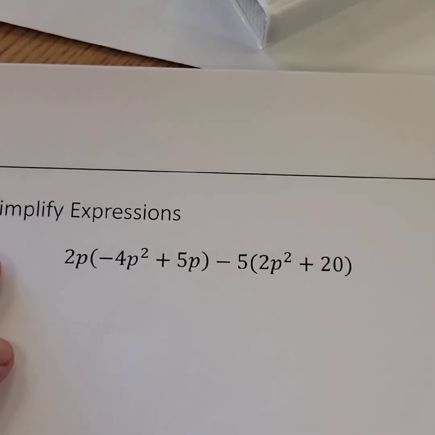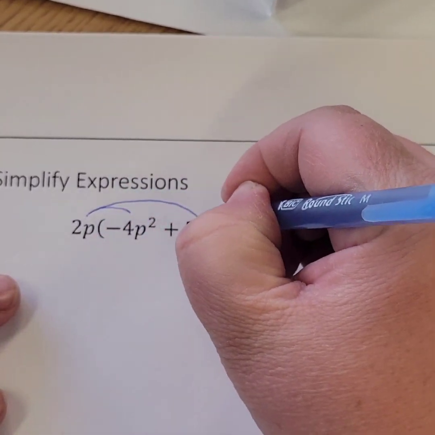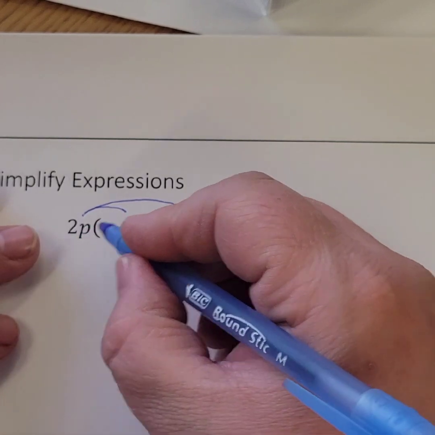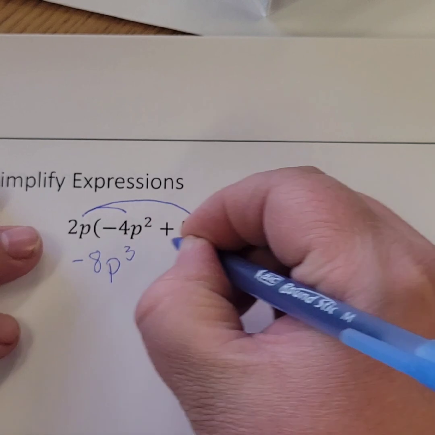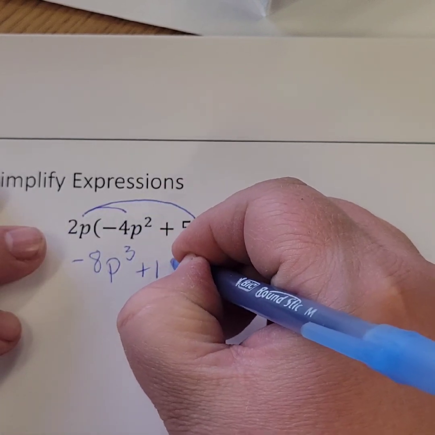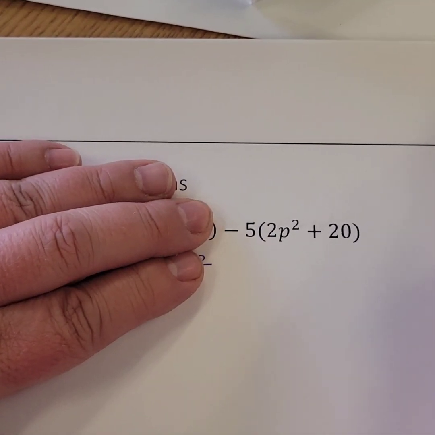So we've got 2 separate ones here, so we'll probably have to put things together. So let's deal with this one. So 2 times negative 4 is negative 8p to the 3rd. Then multiply that. So plus 10p squared. Now we're going to ignore this for a second.